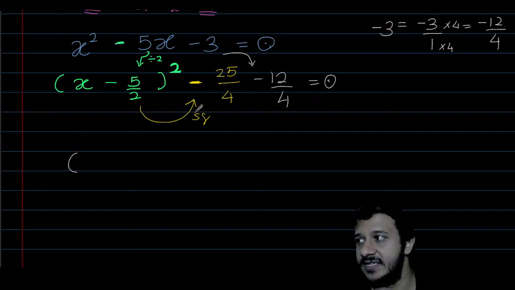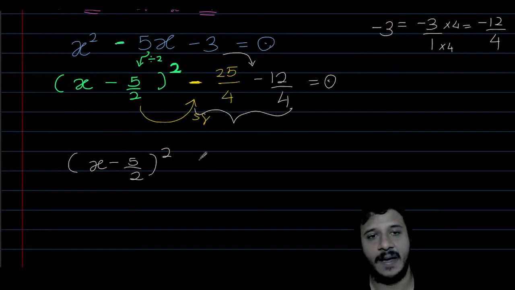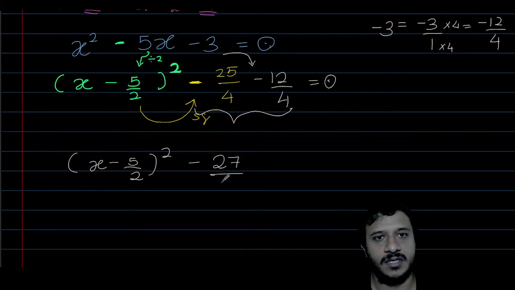Then let's simplify this and write that value. So we will get x minus 5 over 2 square, negative 25 and negative 12. That will be a negative 27 over 4. Negative 27 over 4.